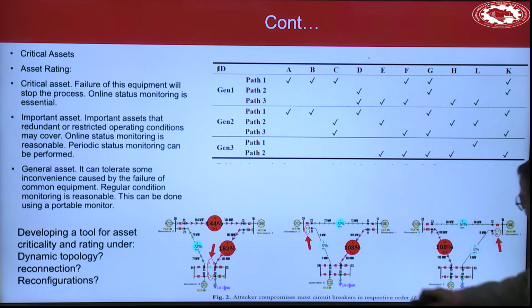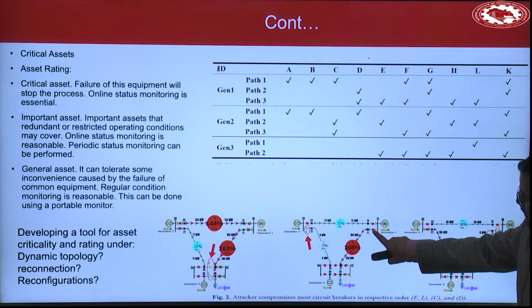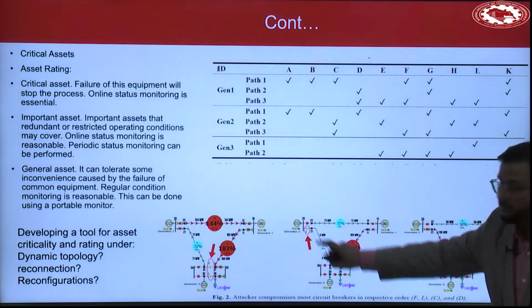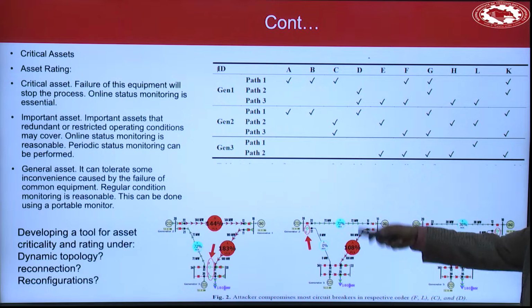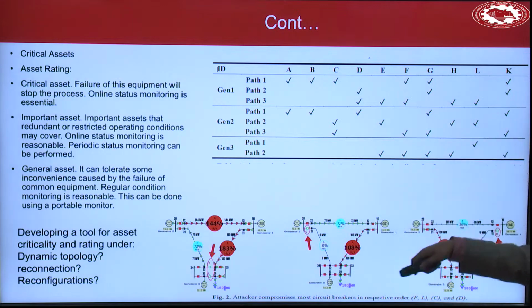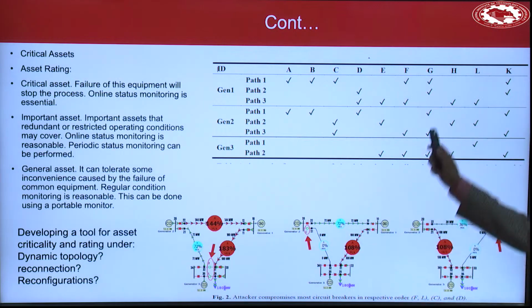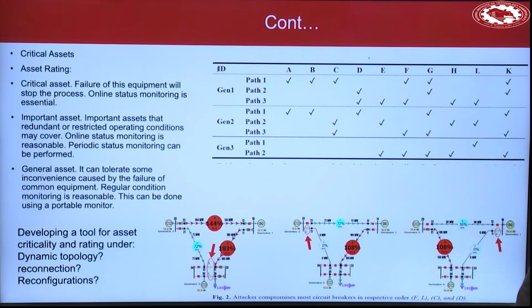These little red boxes are circuit breakers. If a breaker is open, there's no current. If it is closed, there's current, a complete circuit. We wanted to understand, for circuit breakers and generators, what are the possible combinations? How many of them are critical? How many of these breakers are critical?